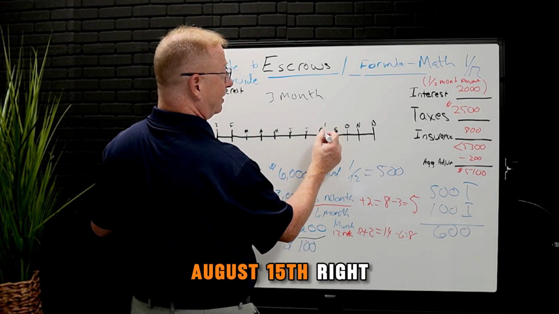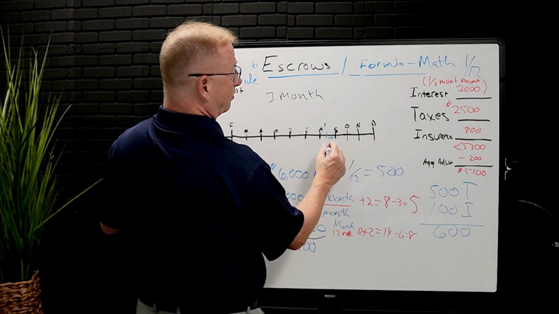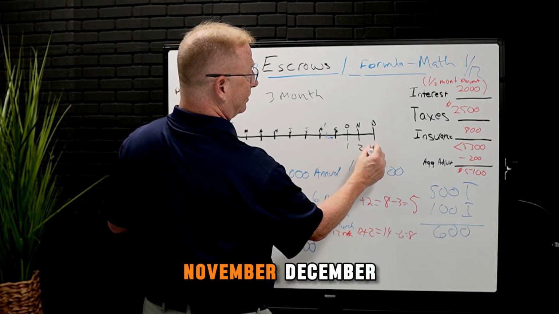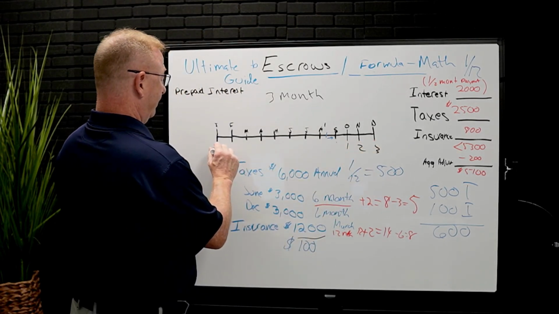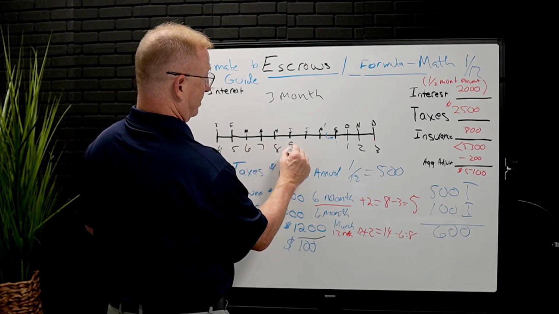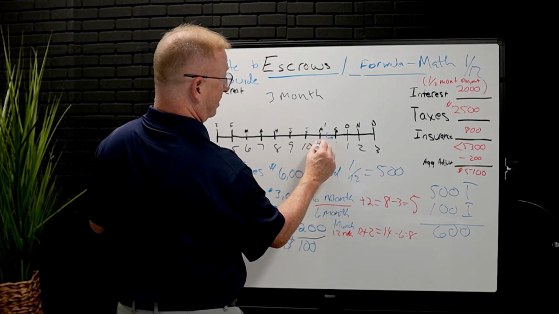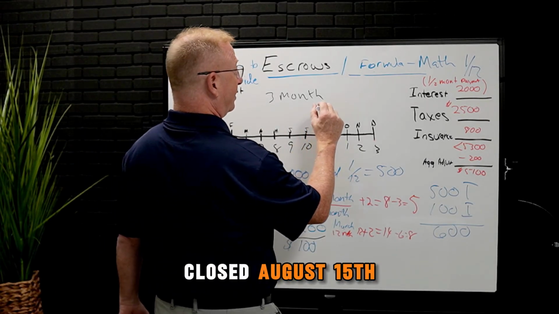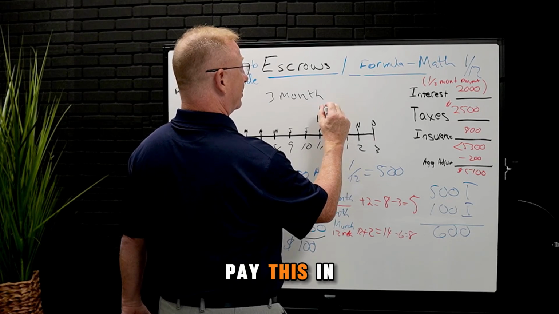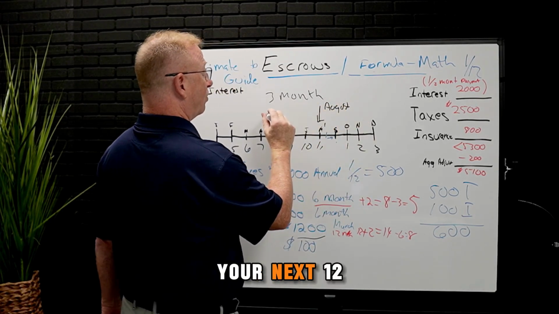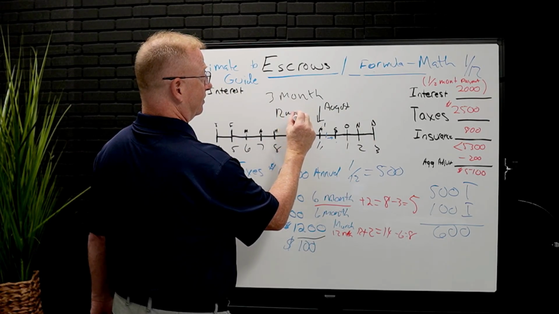You close here August 15th, right? You prepay to September, your first payment is October, November, December. So you closed August 15th, so they're going to pay this in August. Your next 12-month policy.